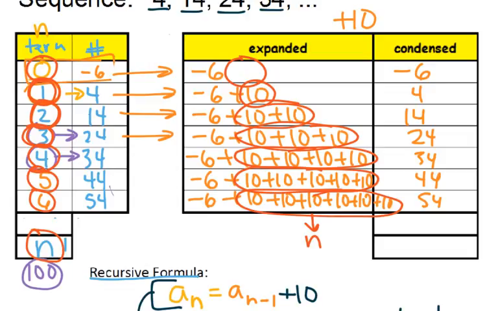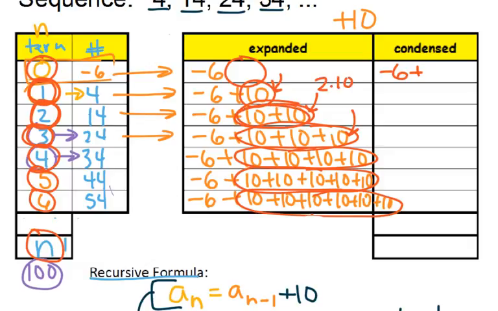But we don't know how many that means. So how do we write that? Well, let's think of it this way. Let me erase these. Negative 6, we said we added 0 tens. This one we added 1, 2, 3. What's another way I can write 10 plus 10? How about 2 times 10?